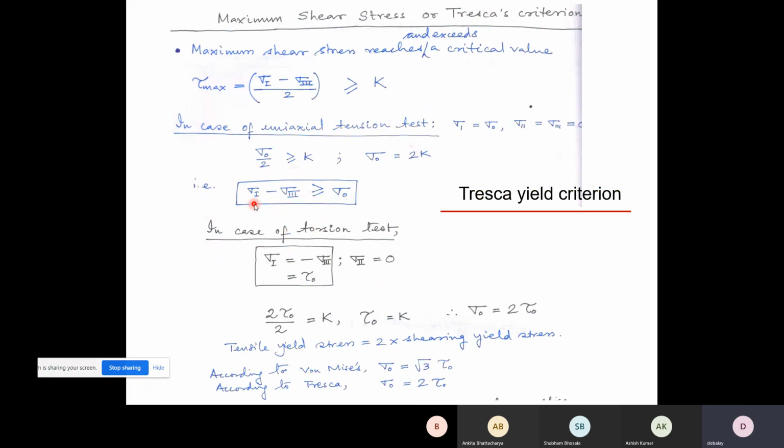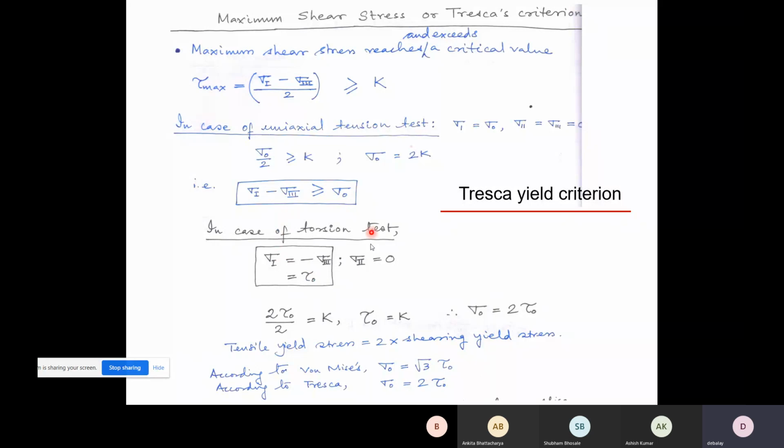In torsion, we know yielding occurs when sigma 1 equals minus sigma 3 and they exceed tau naught. What is tau naught? Tau naught is the yield strength in torsion, which is pure shear loading. So tau naught is called the shearing yield strength.